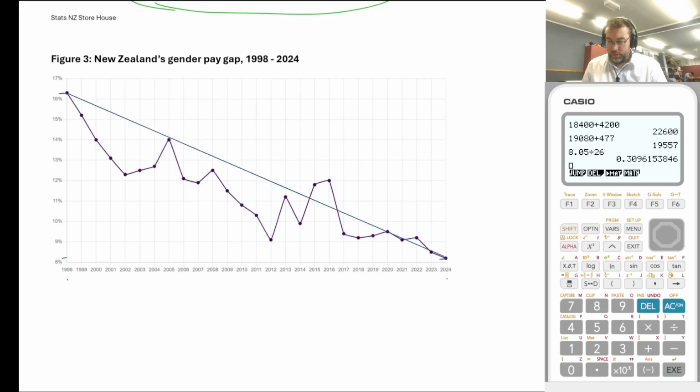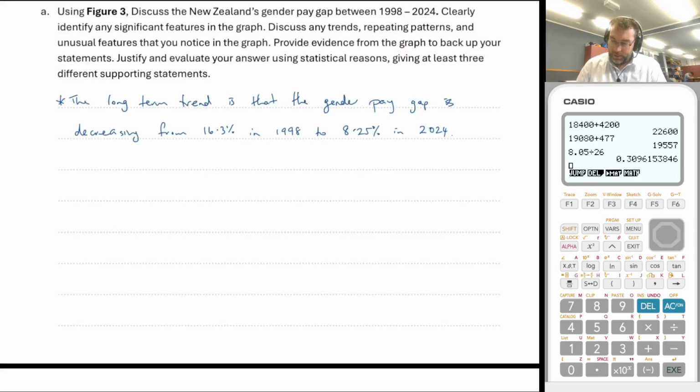That's a downhill gradient, so 0.31 negative, or dropping about 0.31%. So I can put that in a statement, which makes my long-term trend just have a bit more meaning. So it's a calculation of the gradient and then a sentence in the context of the question.